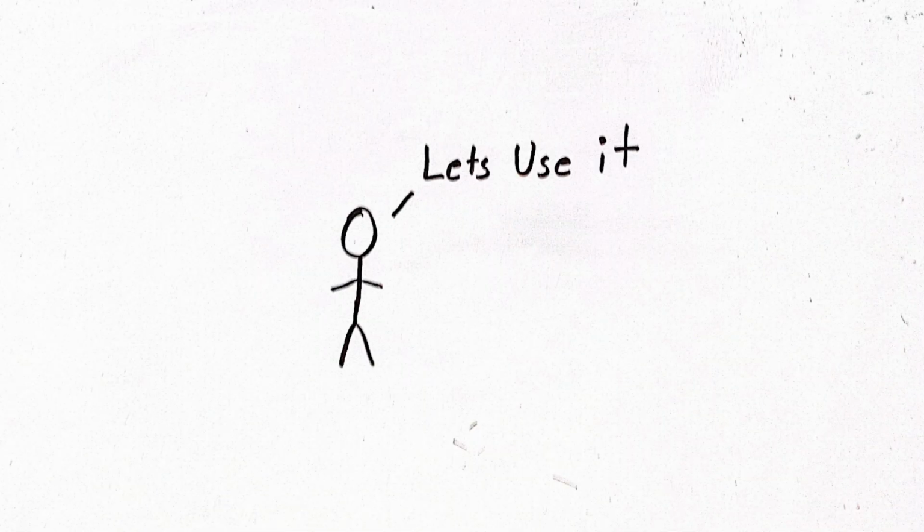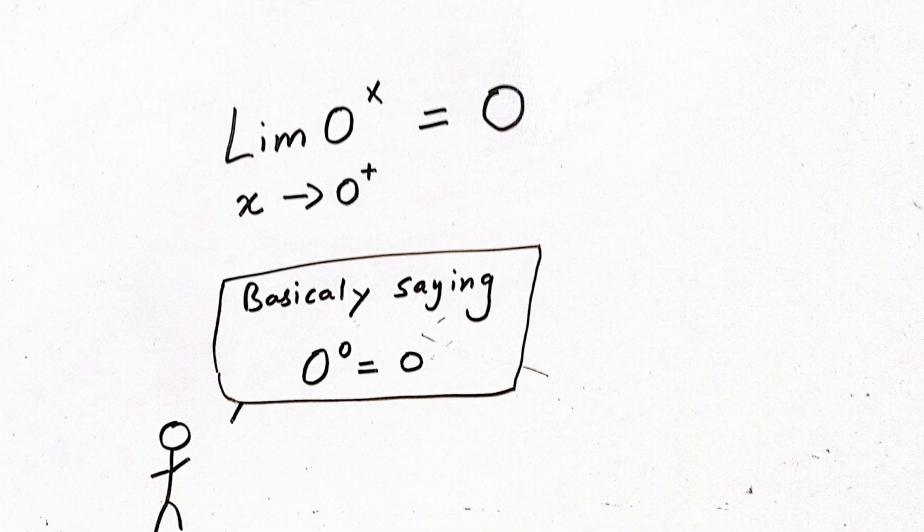Now we're going to use this limit to get our answer, and the answer becomes 0. To the same question for which the binomial theorem was telling us the answer is 1, this limit concept is telling us that no, actually the answer is 0. And now this is getting puzzling.